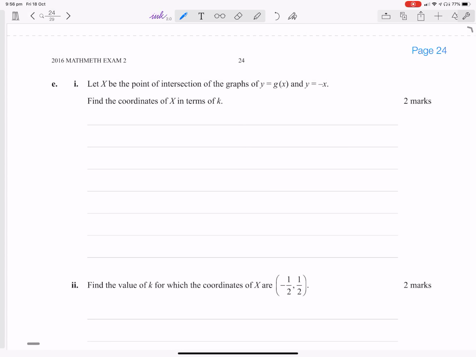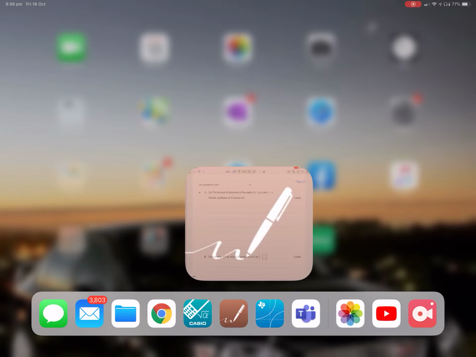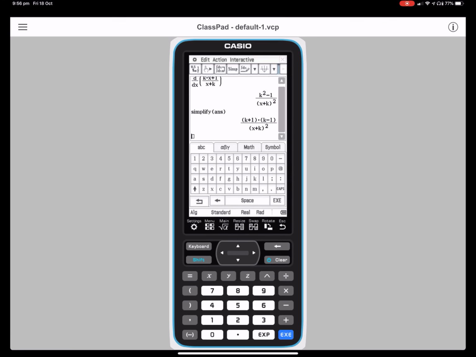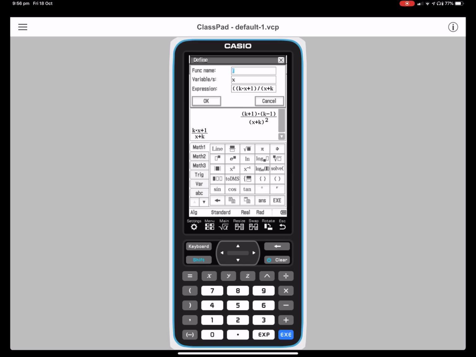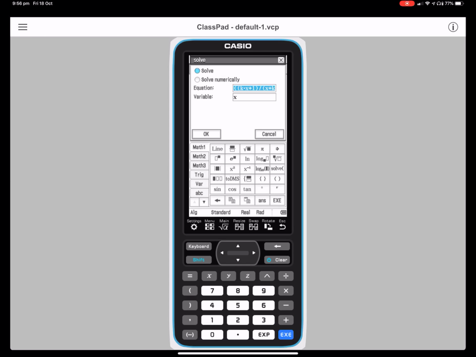Let X be the point of intersection of the graph of g of x and negative x. Find the coordinates of X in terms of k. So let's define that as g of x, and then let that equal negative x. Solve.